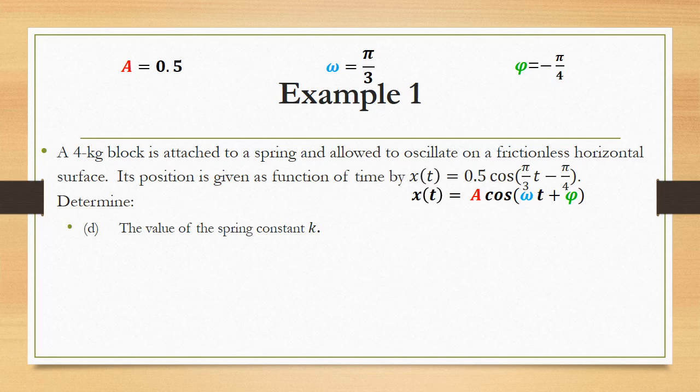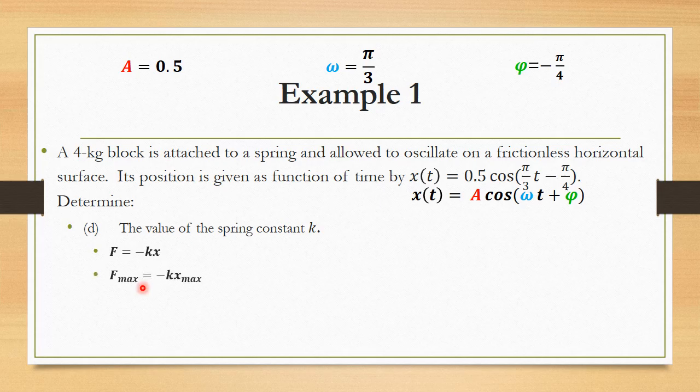Really only a couple, one of which is the energy equation, 1/2 k x squared, for elastic potential energy. But this is not an energy problem, and it doesn't even talk about energy. So instead we'll use the other one, Hooke's law, which tells us that the force exerted by a spring, or the restoring force, sometimes called the spring force, is equal to negative this spring constant k times x, which is the displacement from equilibrium.